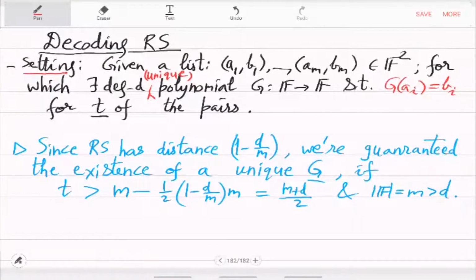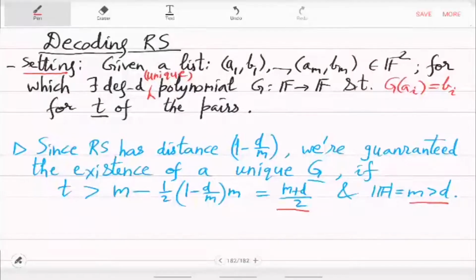So remember these two parameters: t is more than m plus d by 2 and m is more than d. So in particular t is more than d. So that sanity check is passed. I mean, you should have more than d pairs where the evaluation of g is correct. Otherwise it's impossible to get a degree d polynomial g.